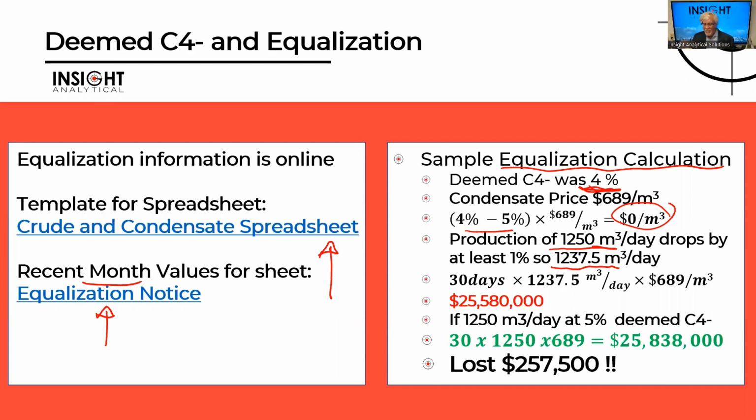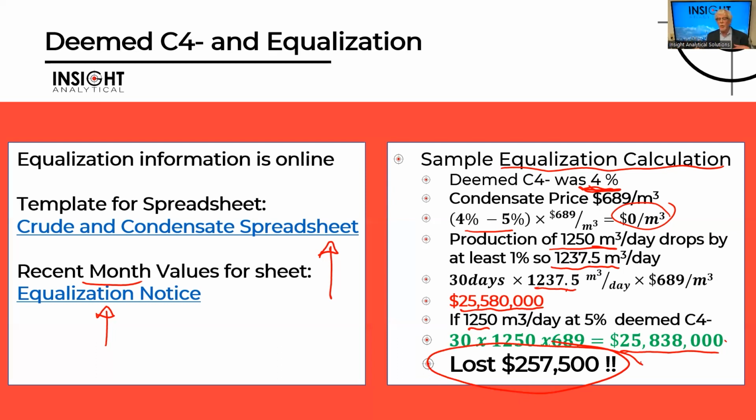Sorry, I don't math, but you kind of have to go through this calculation to see where the value comes in. By having 1% less production, my plant made about $25 million worth of condensate, 25.5, but it should have made 25.8. If I'd run at 1250 instead of 1237.5, I would have made 25.8. My lost production was $250,000.